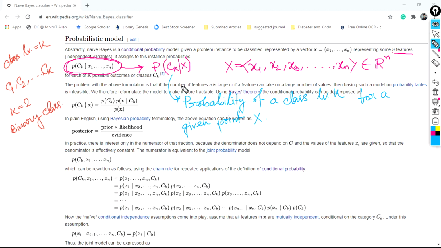We have already learned this when we revisited conditional probability, so you can easily find it.